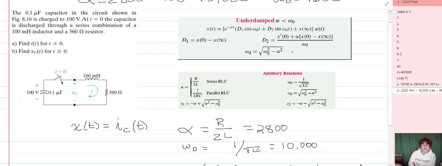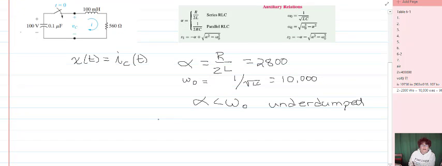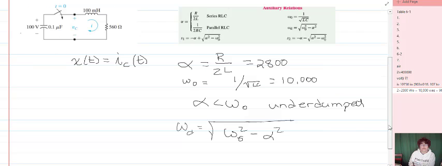So for underdamped, we have this equation, and we will need omega d. So omega d is the square root of omega naught squared minus alpha squared, which earlier we had found to be 9600.